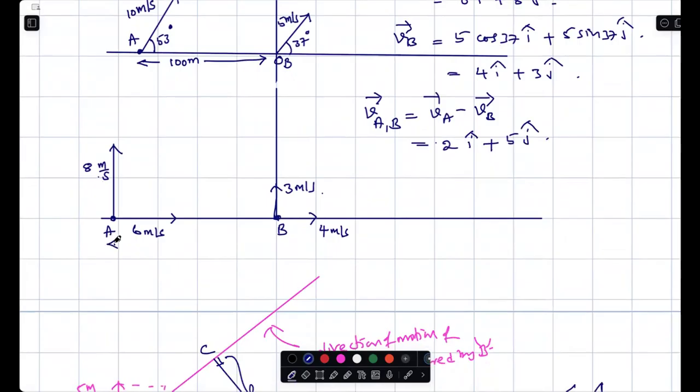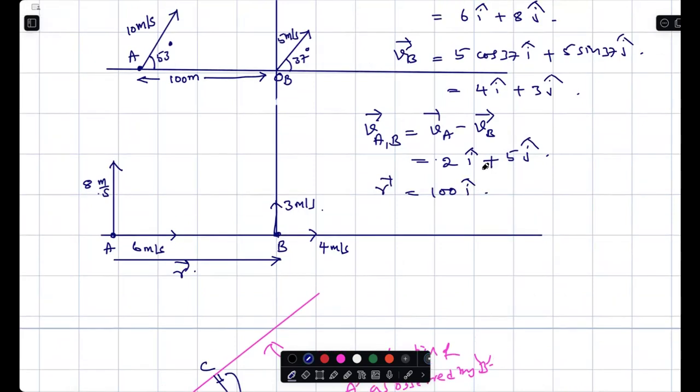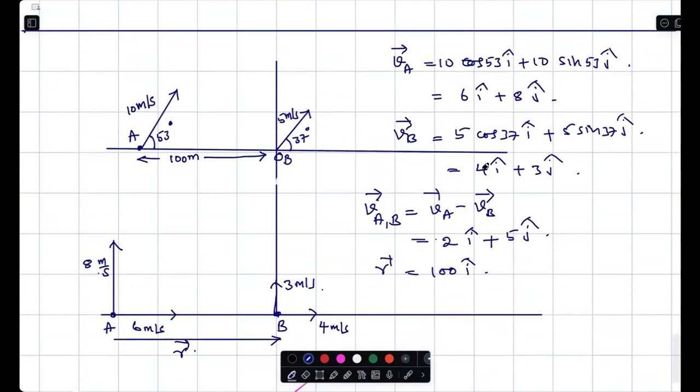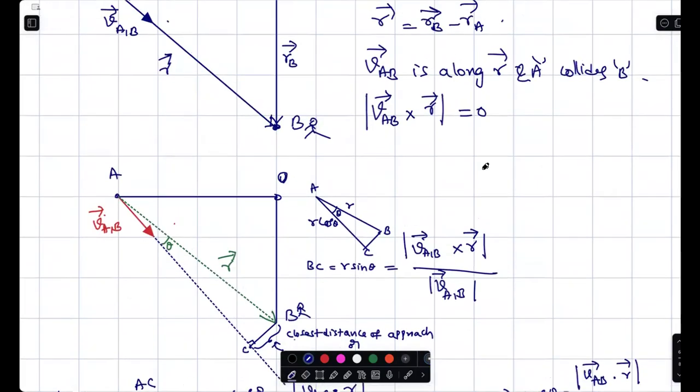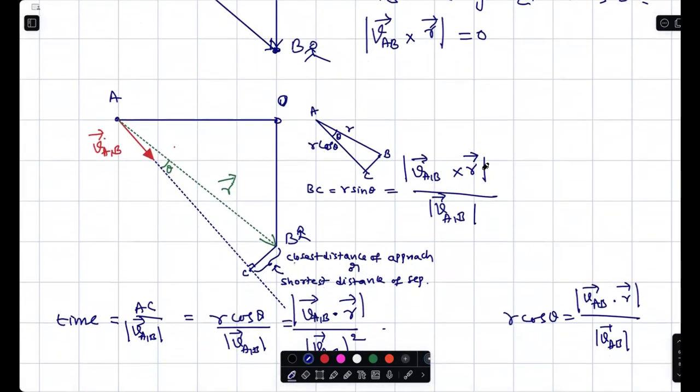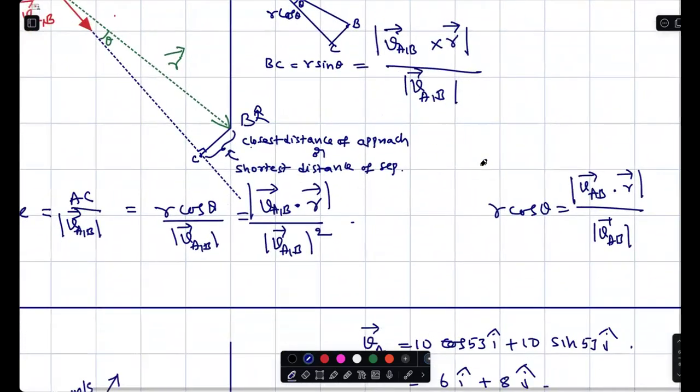Now R bar: sorry, I mentioned the direction wrong. You draw a line from A to B, that gives R bar. Clearly, R bar is 100 i cap. So my vector data is confirmed. What do you want? Formula for shortest distance. What is the formula for shortest distance?